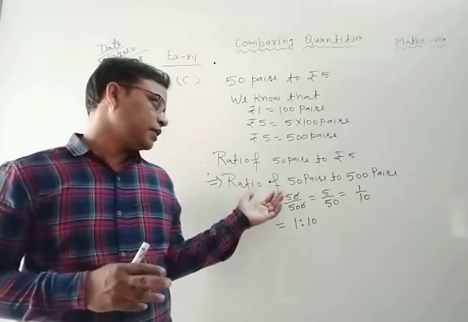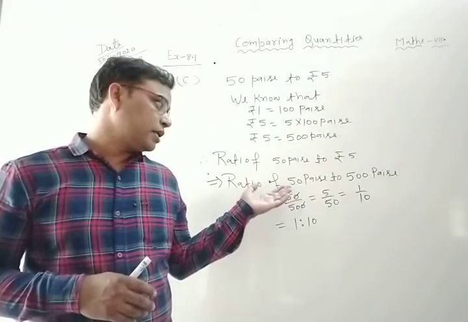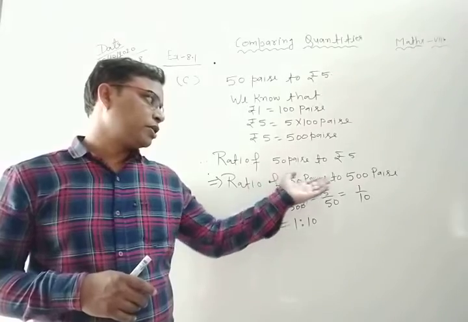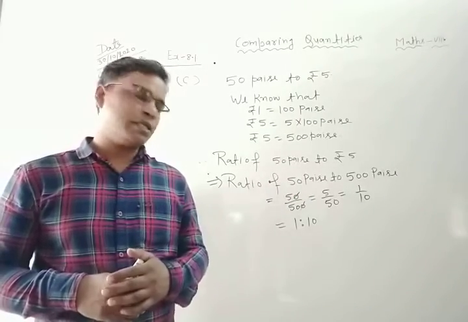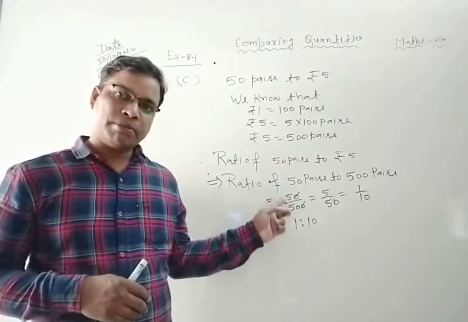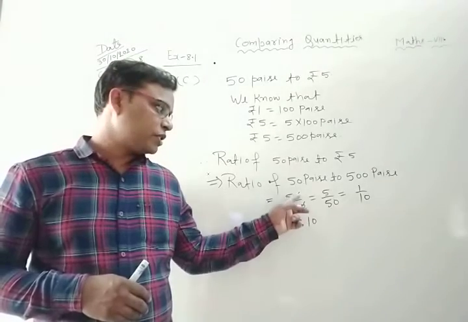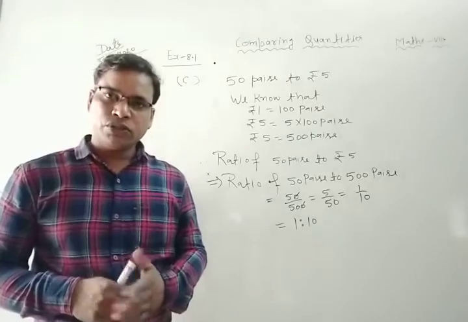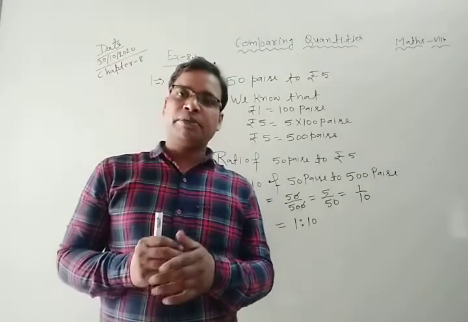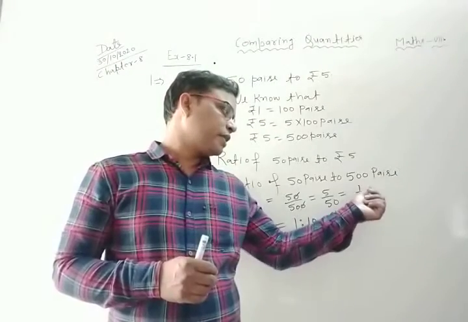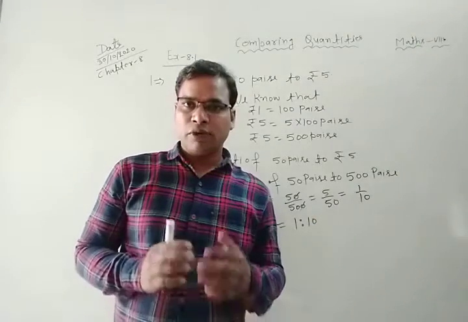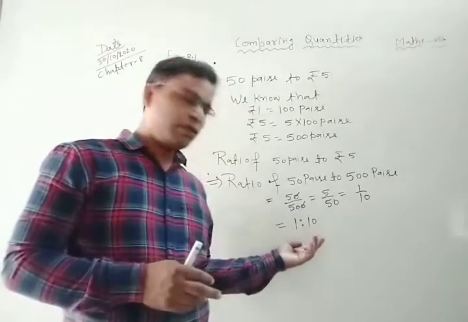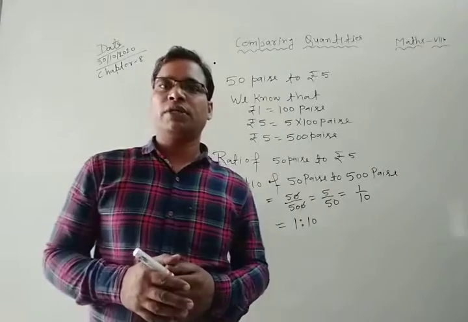So the ratio of 50 paise to 500 paise is 50 upon 500. First we cancel 0 by 0, then we obtain 5 upon 50. So 5 ones are 5, 5 tens are 50. So we can write 1 by 10, which we write as 1:10. This is our required ratio.